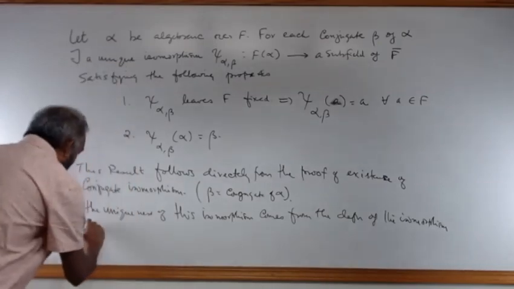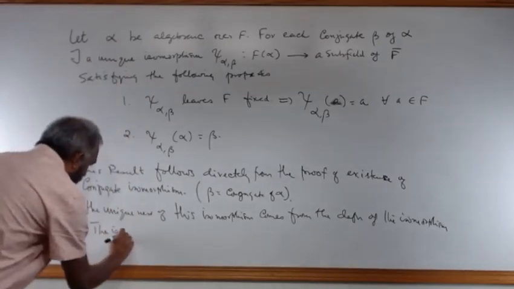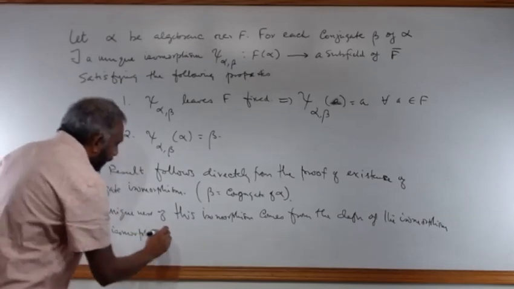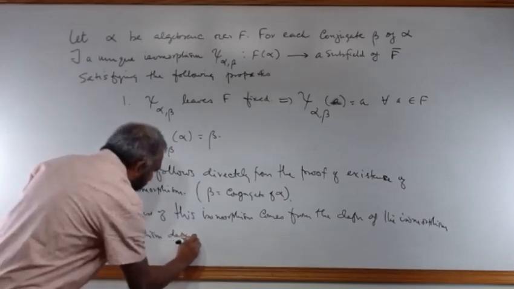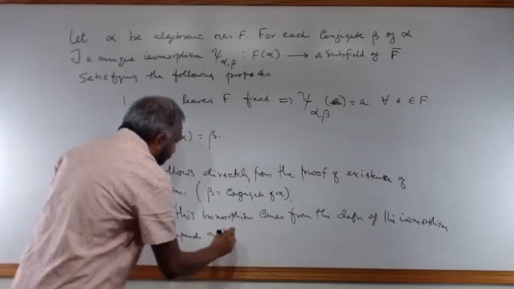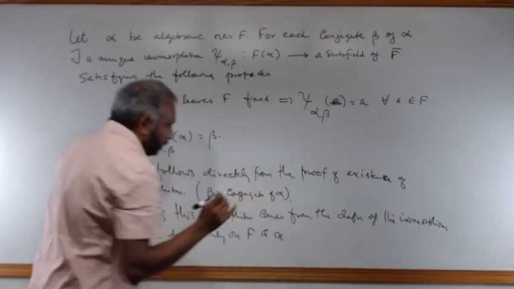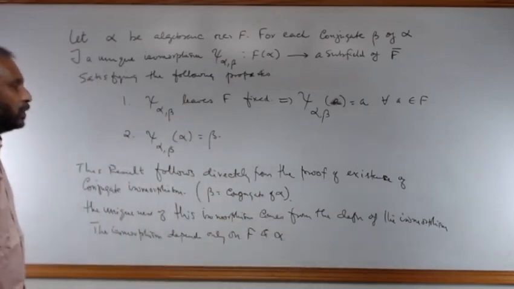Meaning the isomorphism depends only on F and alpha. So it is unique.